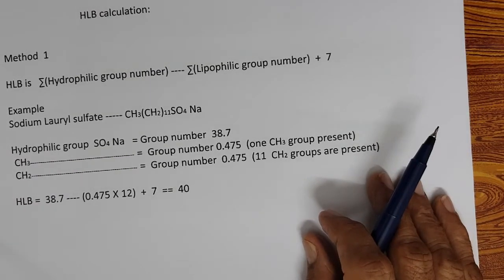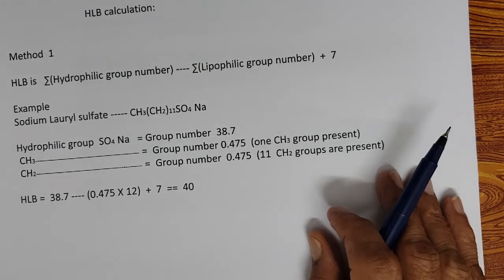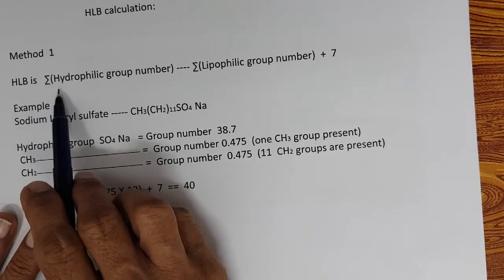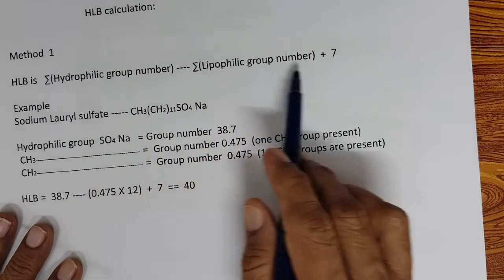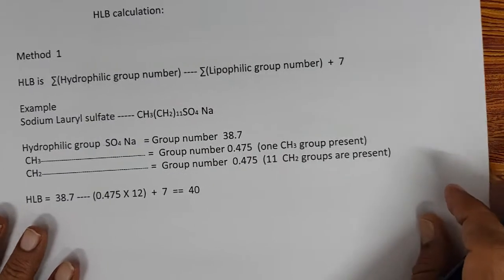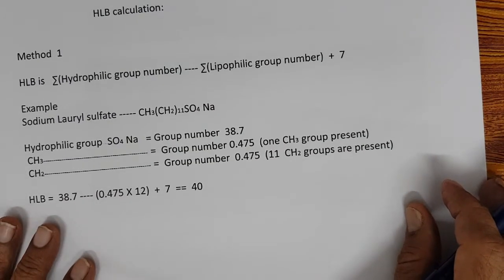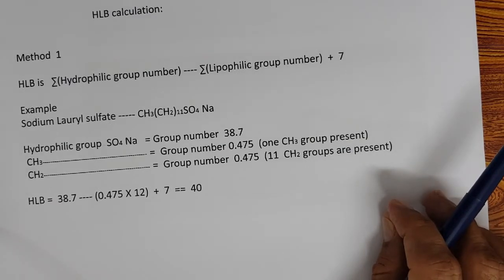See how to calculate the HLB of a surfactant. There is a formula: HLB is equal to hydrophilic group number minus lipophilic group number plus 7, right? I am explaining, you can later pause it and go through it, and you can hear what I say also and then match it.